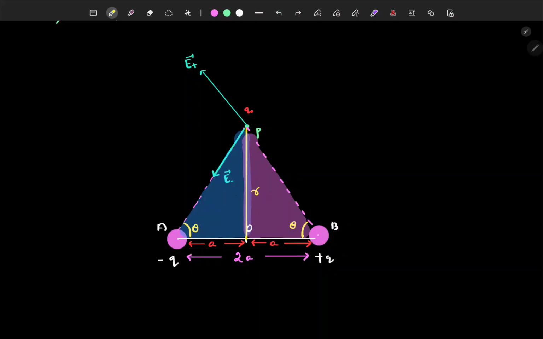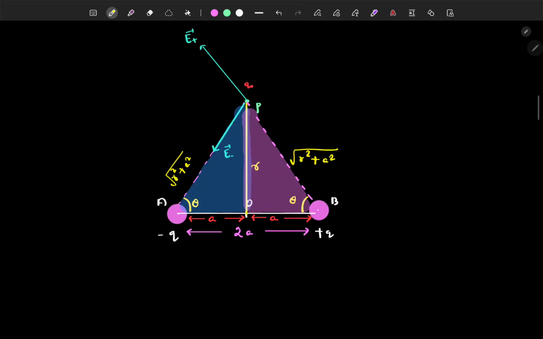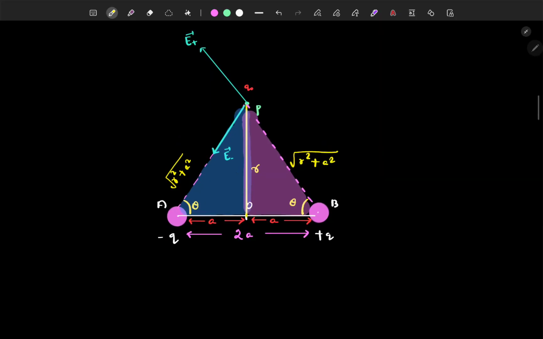PA equal to PB, that will be root over R square plus A square. This distance will be root over R square plus A square. In the other part also this distance will be root over R square plus A square. What will be the magnitude of E plus vector and E minus vector?